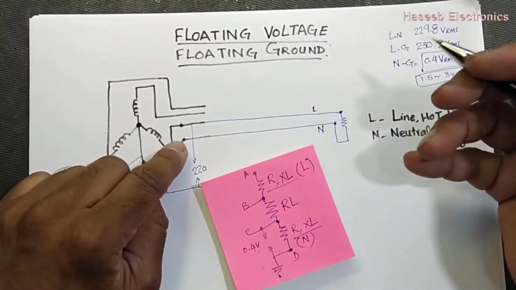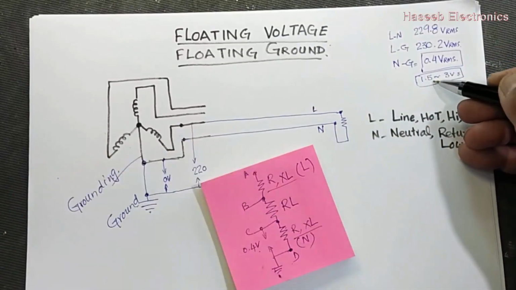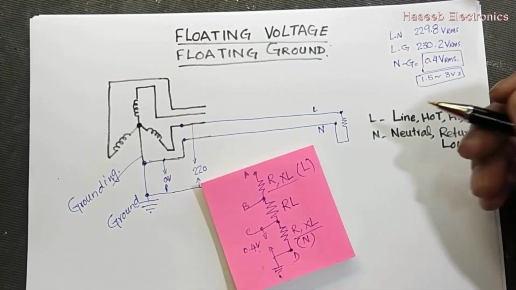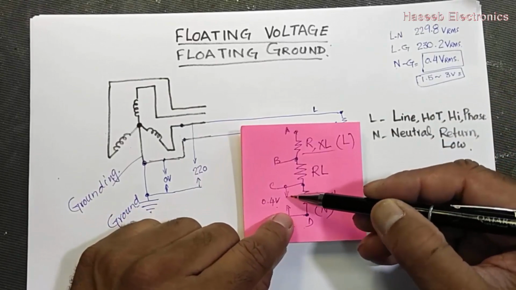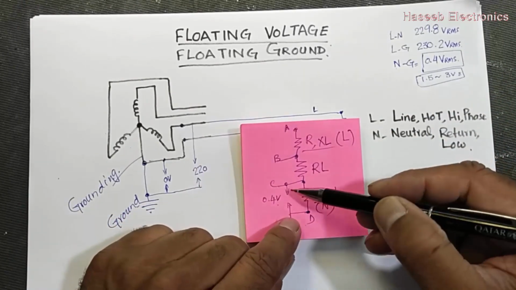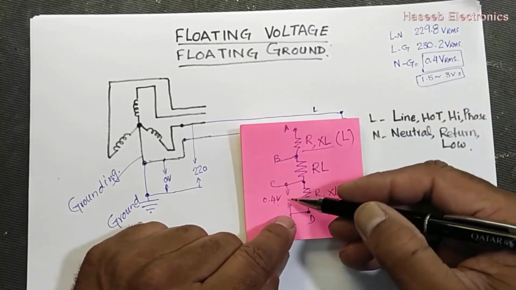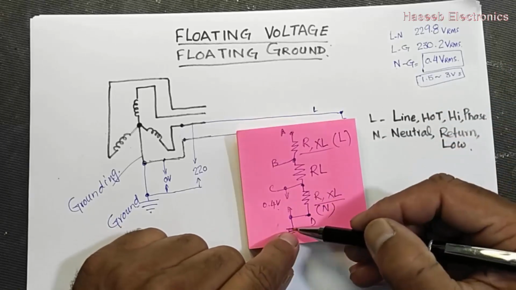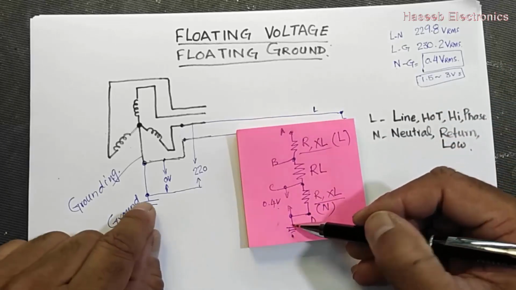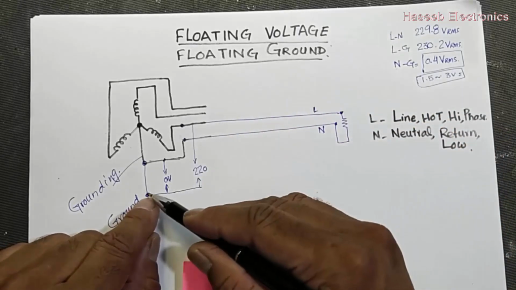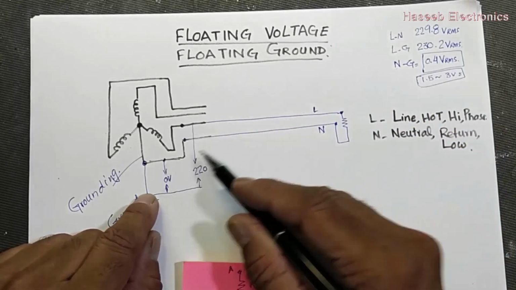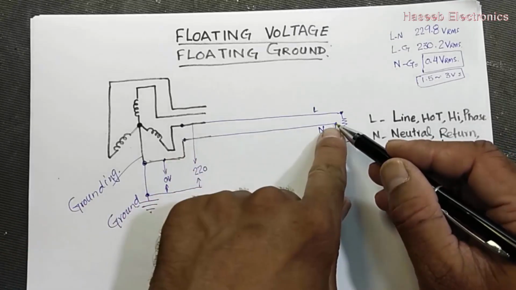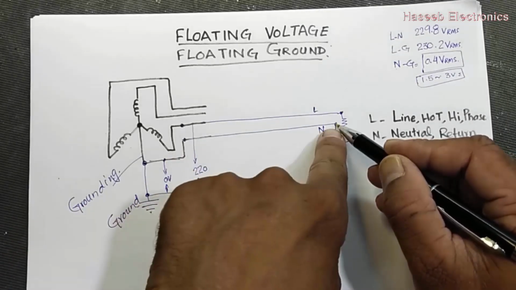What are the parameters if these voltages increase, and what are these voltages? 0.4 volt in my condition, these are floating voltages with respect to this reference. In ideal condition, if we have 0 volt here, the same neutral line is here, so it must be 0 volt.